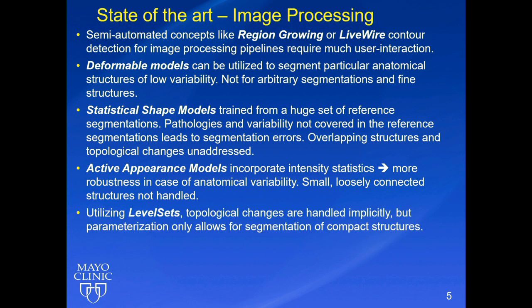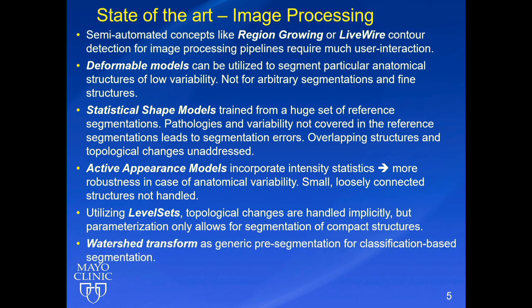Level sets are also a mathematical concept that allows for pretty automated segmentation with only a few input parameters to specify by the user. In the same direction, the watershed transform is a pretty good tool for pre-segmentation of a data set if you want to define the segmentation task itself as a feature-based classification approach.